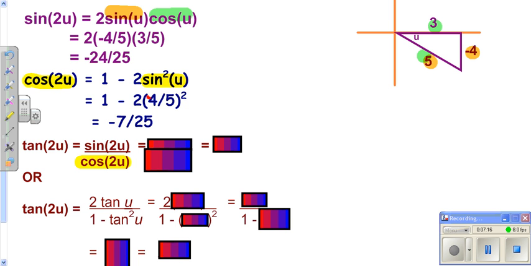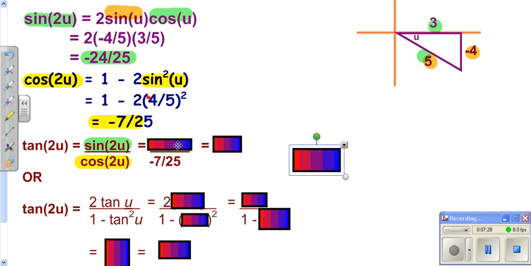The cosine of 2u we have right here, where the sine of 2u is here. So all we have to do is just plug those in, and then you have a fraction over a fraction. So you multiply by the reciprocal. It's also a negative over a negative. And we get a 24 over 7.